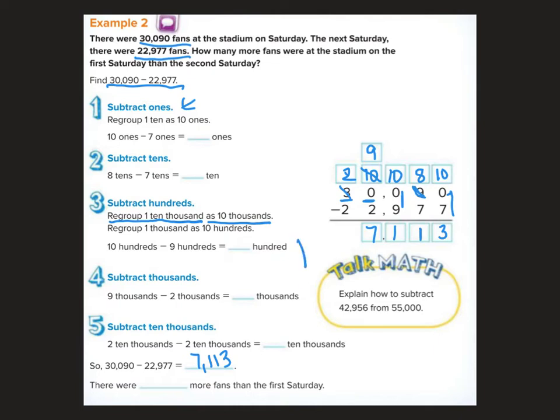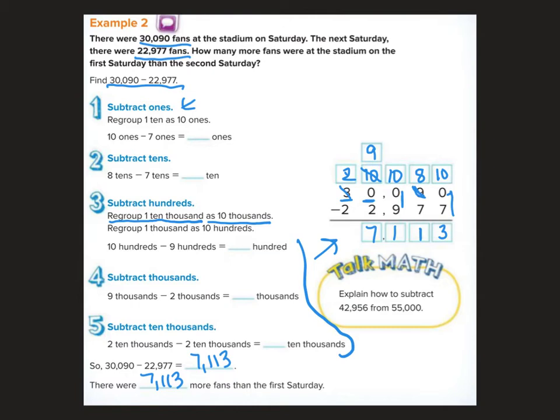Now, I know I didn't fill out all this stuff. That's because we did it all over here. So we should be good there. There were 7,113 more fans on the first Saturday.